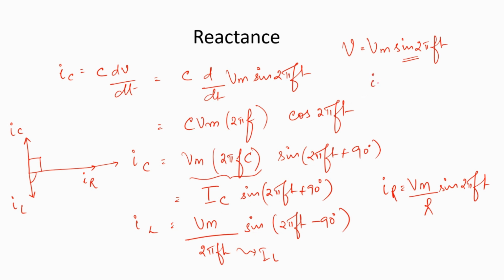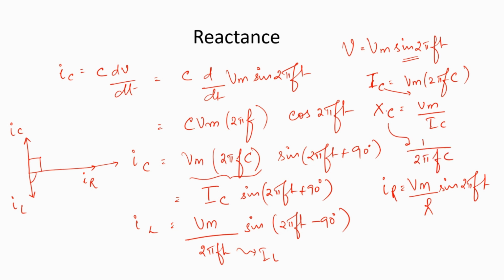So that is the capital IC is given as Vm into 2 pi Fc, and we know Vm by I is equal to Xc. So I can say Xc is equal to Vm divided by Ic. So when I cross multiply, what do I get Xc as? It is given as 1 by 2 pi f into c. So Xc turns out to be 1 by 2 pi Fc.